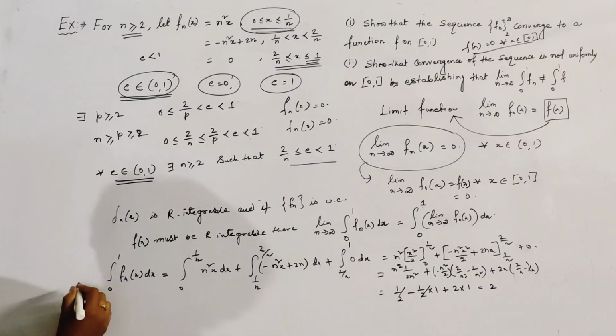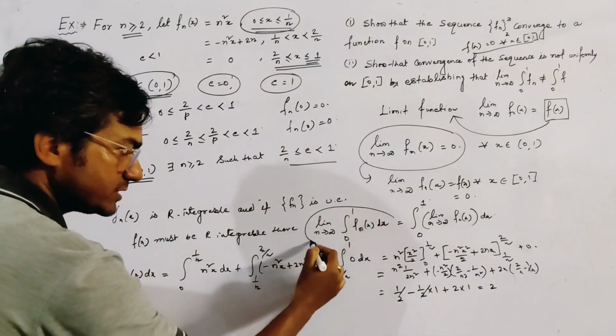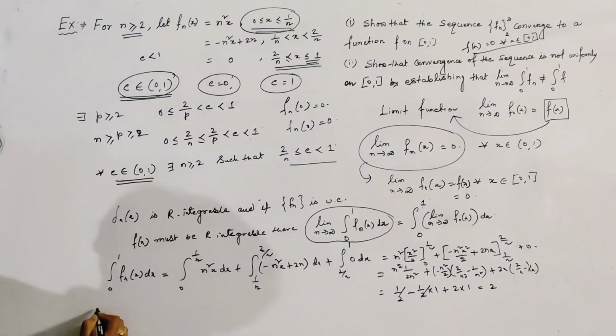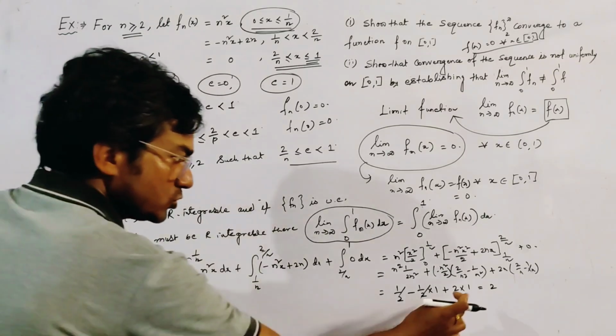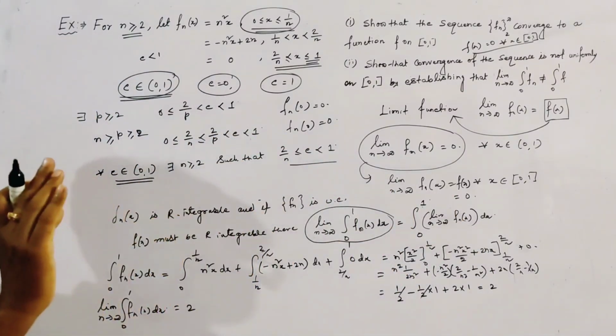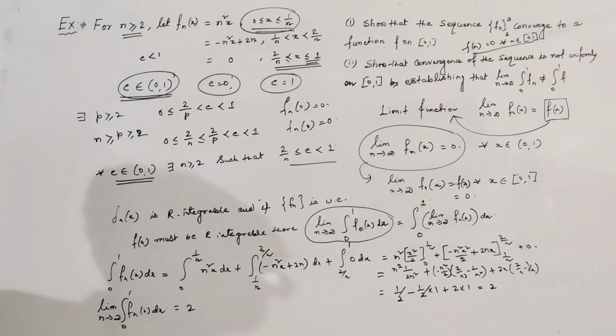Now if we take the limit of both sides, then we get the left hand side, limit n tends to infinity of the integration 0 to 1 of fn(x) dx, and this is also 2, because 2 is a constant independent of the limit n tends to infinity.